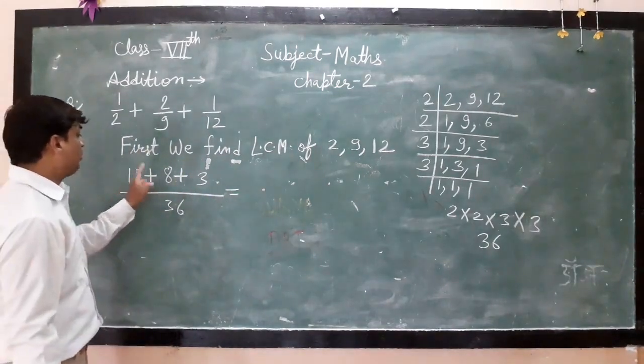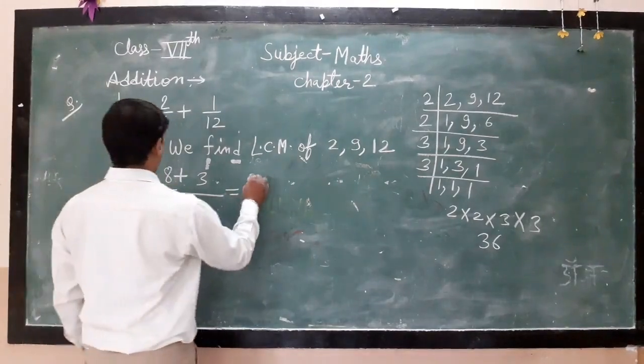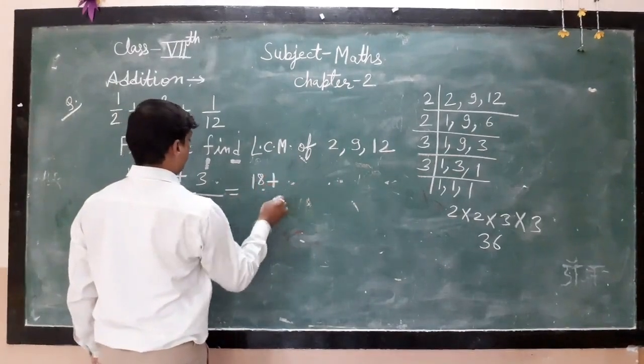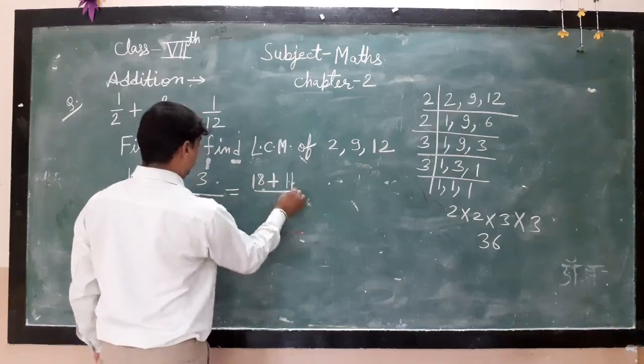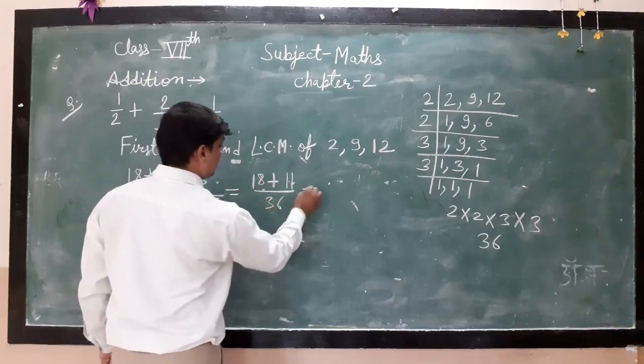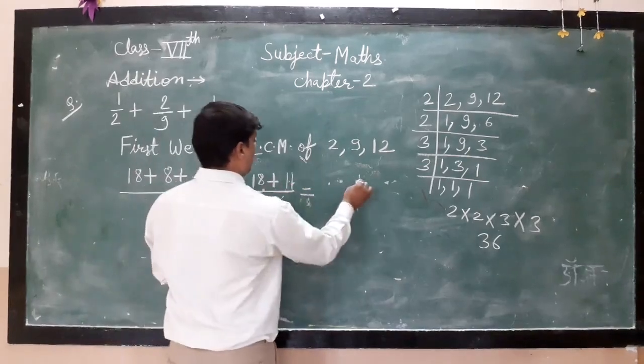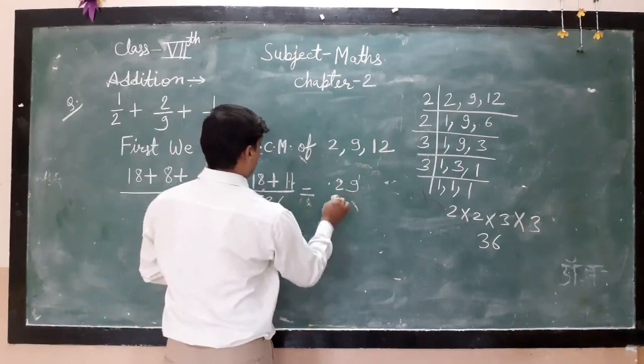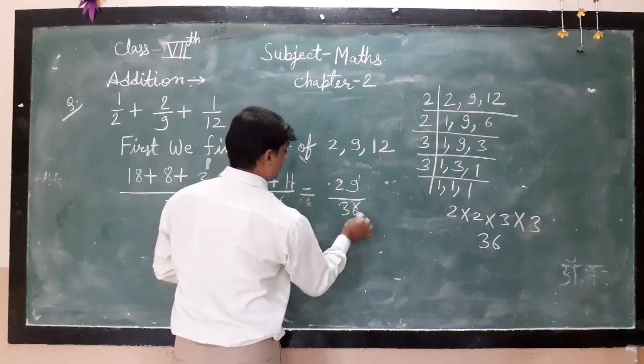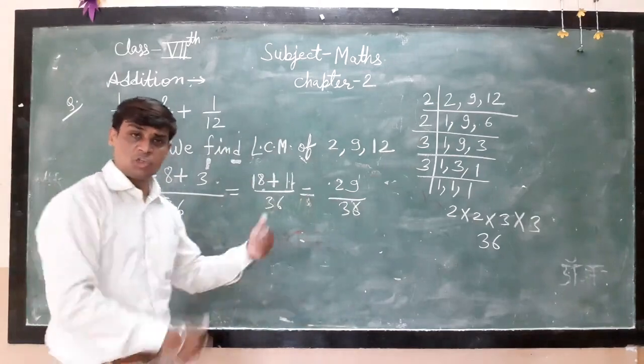The addition is 18 plus 8 plus 3, 18 plus 11 upon 36. Now the addition is 29 upon 36. Write the question.